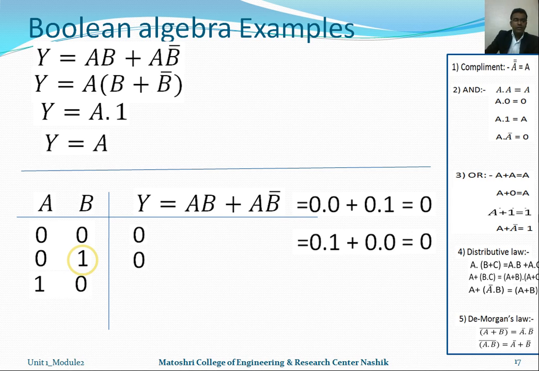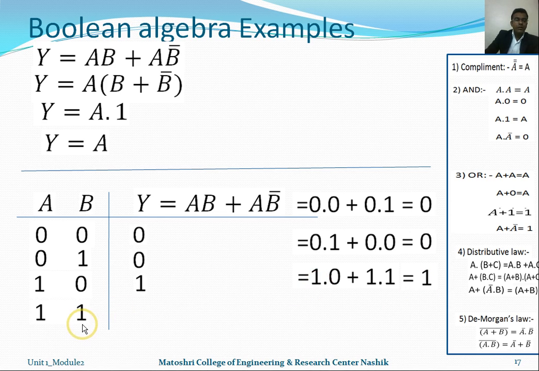Now for the third possibility, the value of A is 1 and the value of B is 0. If we put these values in the Y expression, we get 1 0 ORing with 1 1, so the output is 1.